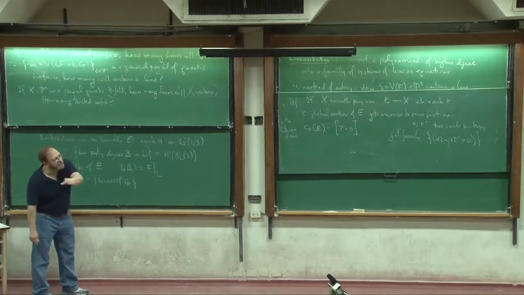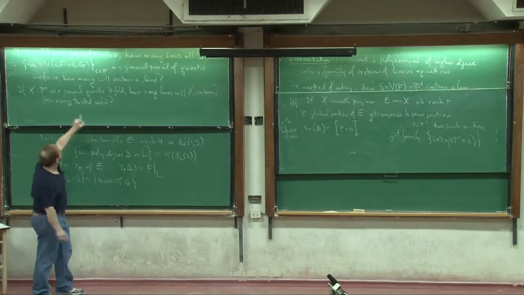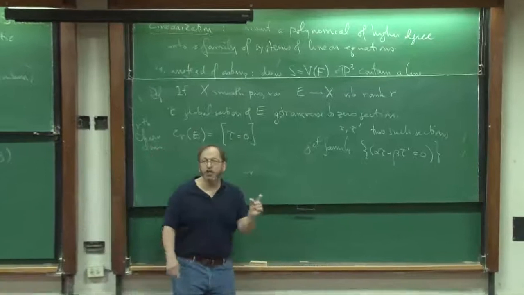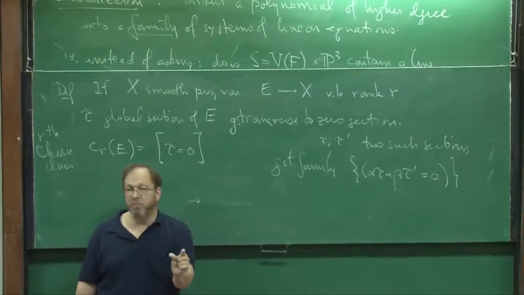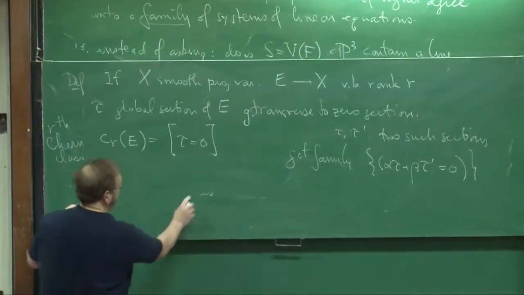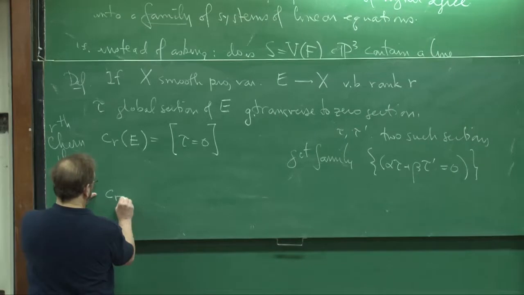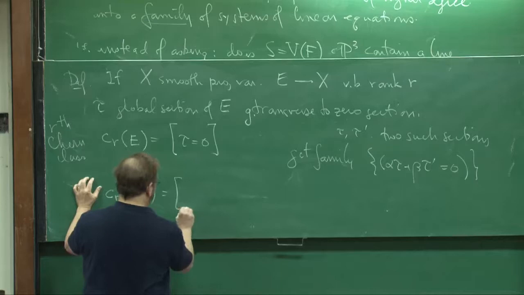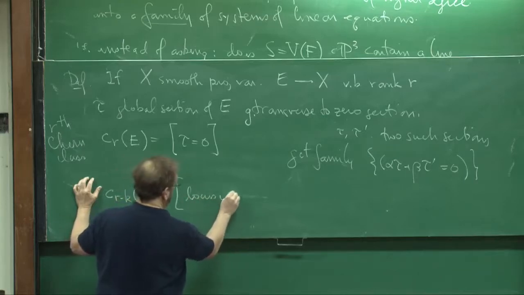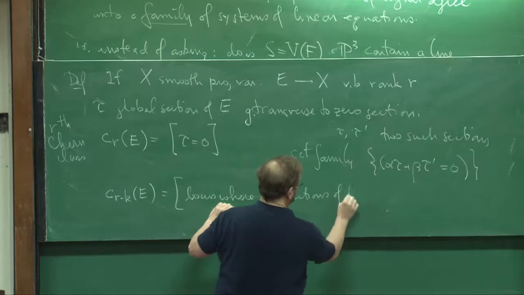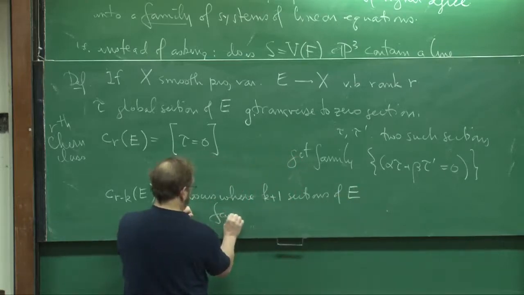I'm just going to say this because I want to go ahead with the definition, but in order to answer that, we're also going to have to look at the locus where two sections of a vector bundle fail to be independent. So, in general, we're going to define C_{R minus K} of E to be the class of the locus where exactly K plus 1 sections of E fail to be independent.